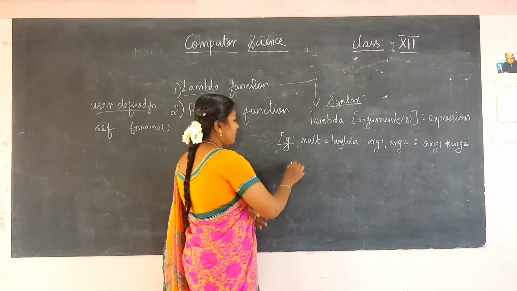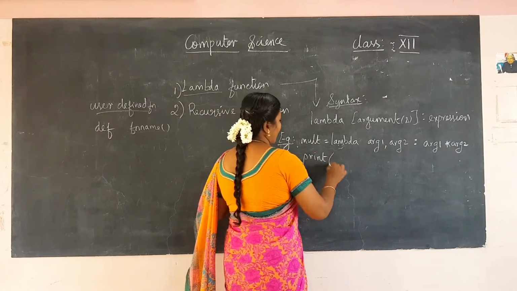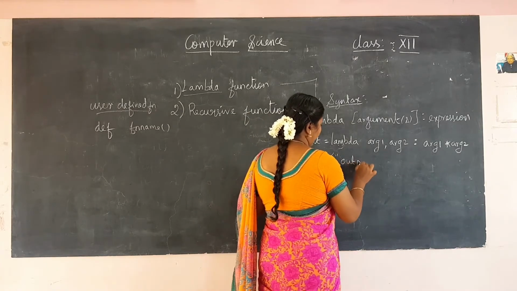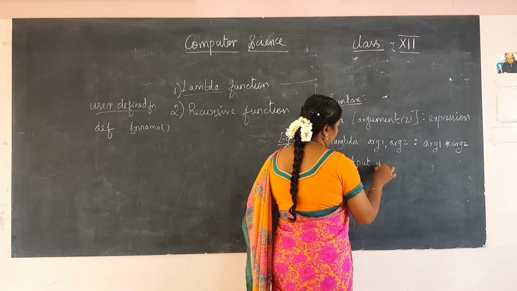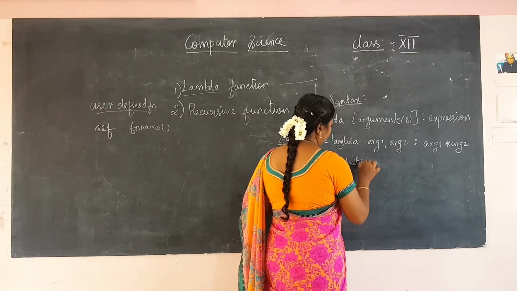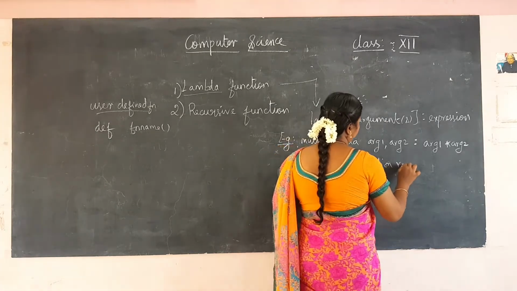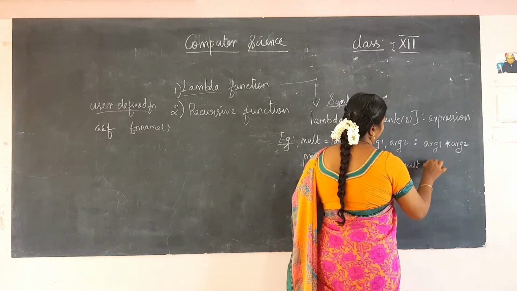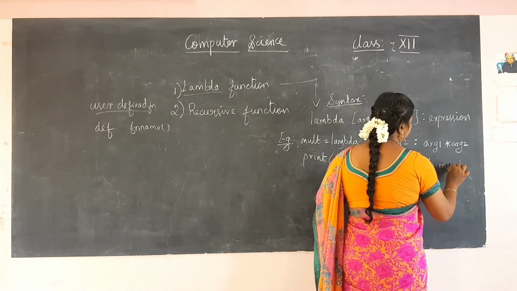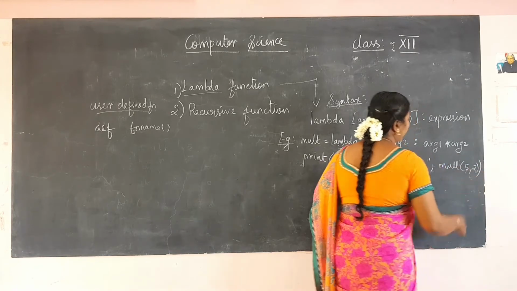Now I am giving a print statement. Print "multiplication result is", comma, mult, and in brackets I am giving 5 comma 2.